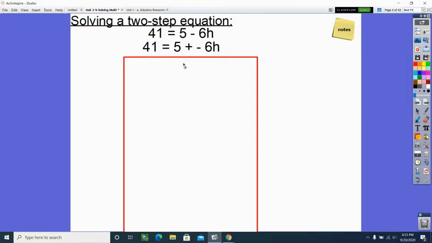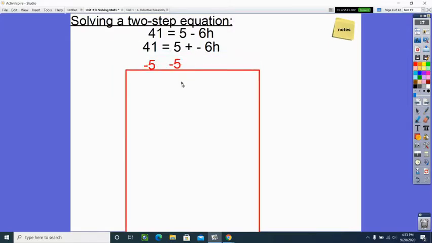We would be subtracting 5. And one of the ways to see that is if you change that minus to plus and negative. So some of you like to keep it as a minus, some like to change it to plus and negative. But when you do change it to plus and negative, you can see that that 5 is positive. So in order to get our zero pair, we would use the inverse operation of subtracting 5.